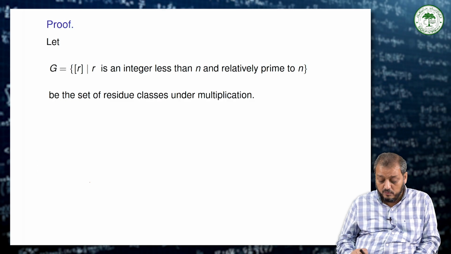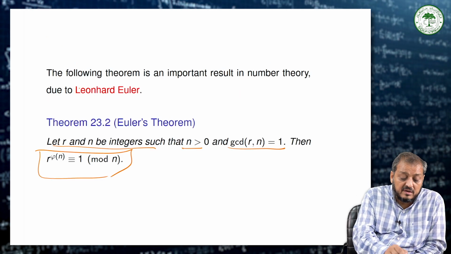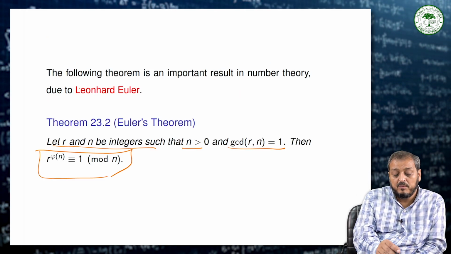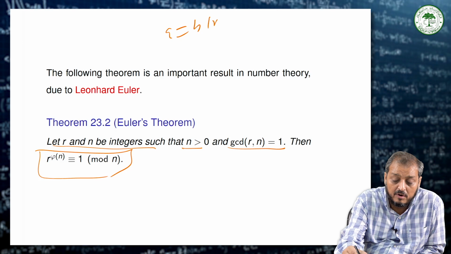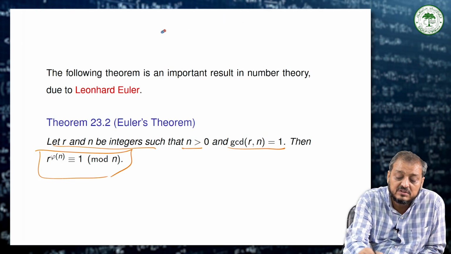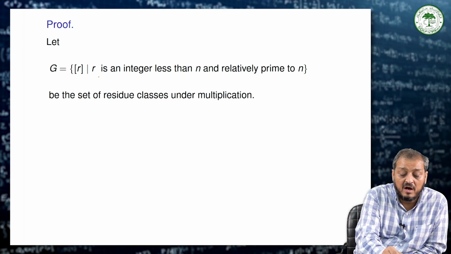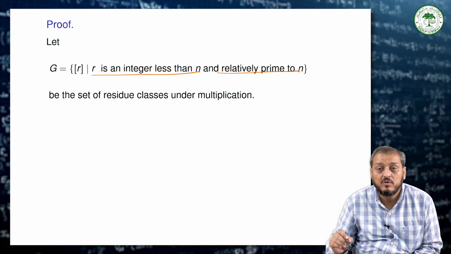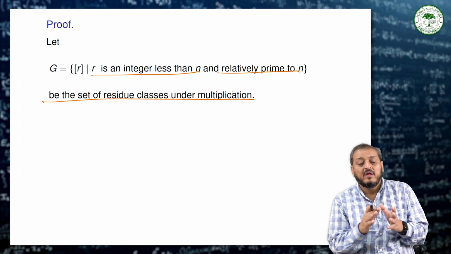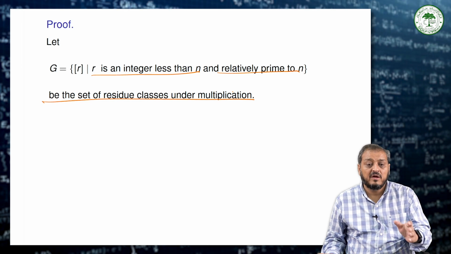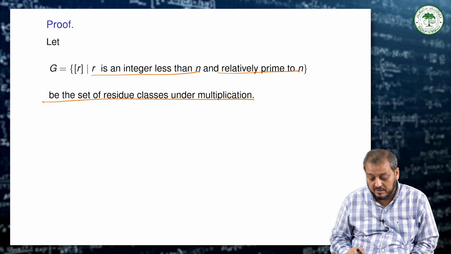Now we try to prove this theorem. Let G be written as equivalence classes, where A is congruent to B mod n, and we can write the equivalence class as A congruent to B mod H, so that A B inverse is in H. So let G be the set of equivalence classes of r, where r is an integer less than n and relatively prime to n, the set of residue classes under multiplication.